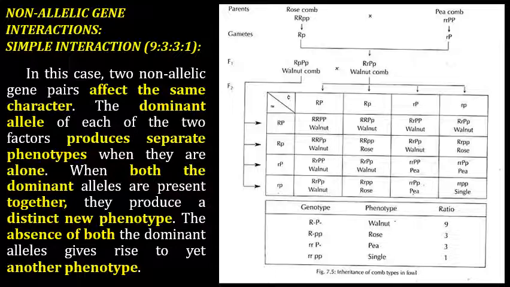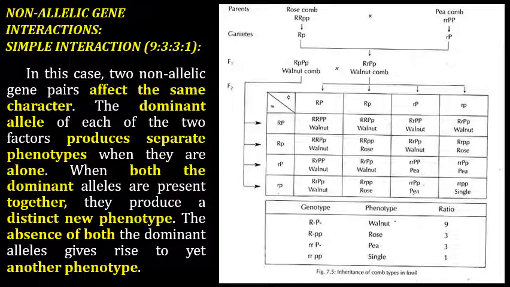In this case, two non-allelic gene pairs affect the same character. The dominant allele of each of the two factors produces separate phenotypes when they are alone, and when both the dominant alleles are present together, they produce a distinct new phenotype.